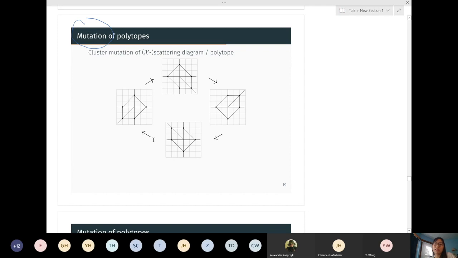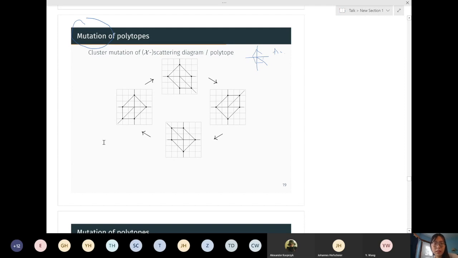There's this process called mutation, and we can describe this mutation topically on the scattering diagram. Because you can see here a polytope is drawn on the scattering diagram, so the polytope will mutate accordingly. And by the way, in the example in the beginning, because I'm doing the A case, the scattering diagram for type A2 is like that.